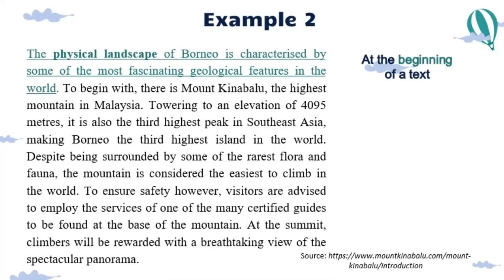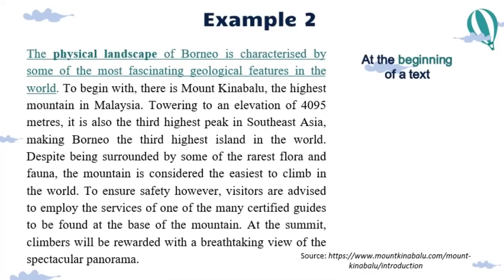Despite being surrounded by some of the rarest flora and fauna, the mountain is considered the easiest to climb in the world. To ensure safety, however, visitors are advised to employ the services of one of the many certified guides to be found at the base of the mountain. At the summit, climbers will be rewarded with a breathtaking view of the spectacular panorama.